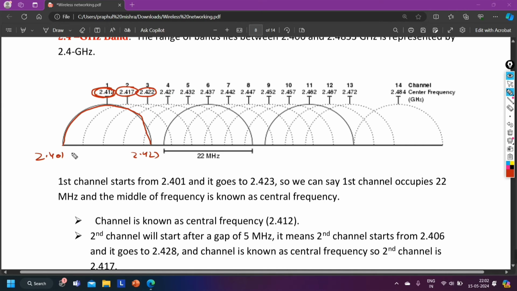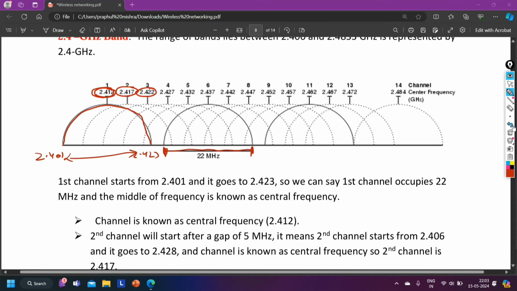The gap, or you can say the difference between the starting point of a channel and the end point of the channel, is 22 megahertz. I'm talking about this space, right? Here you can see this space is 22 megahertz, and the next channel will start after a gap of 5 megahertz.